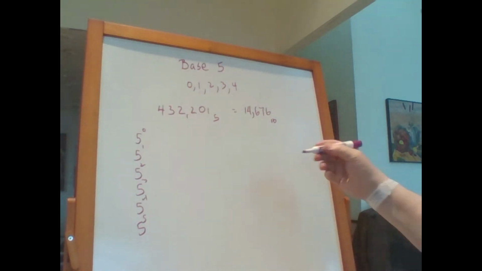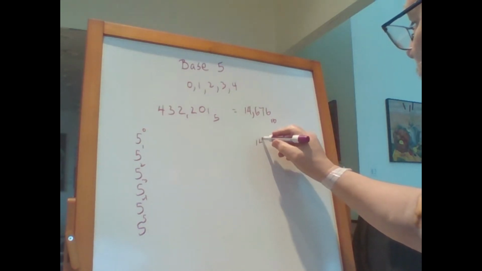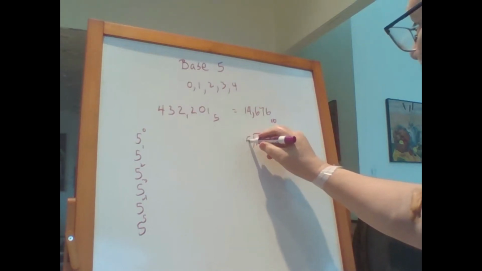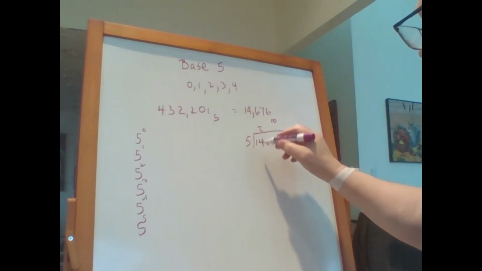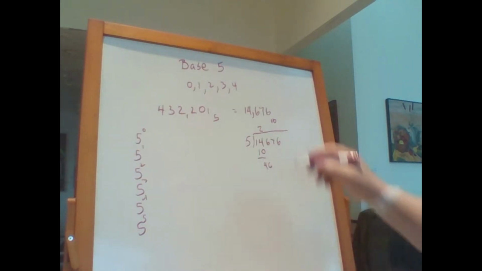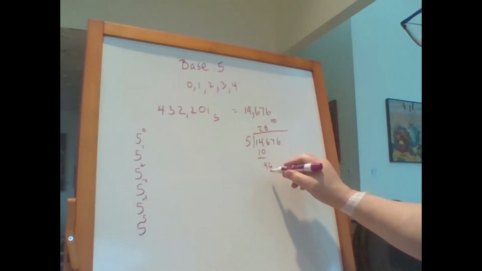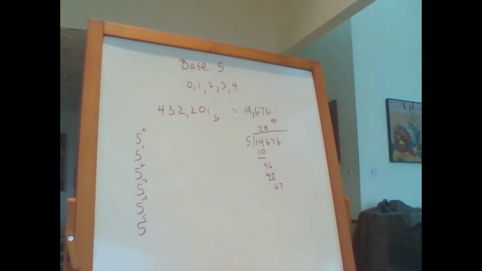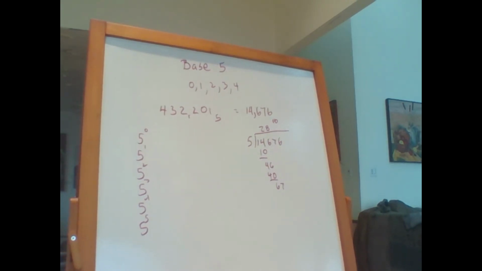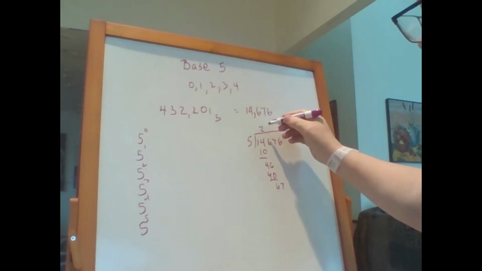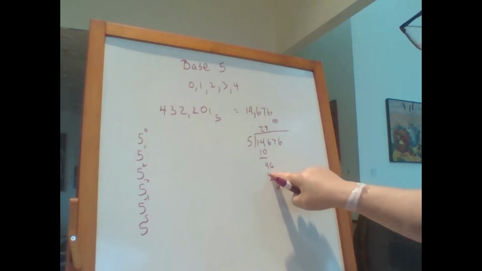And what we do is we take 14,676 and we divide that by 5. Actually, we could have gone 9. 9 times 5 is 45.